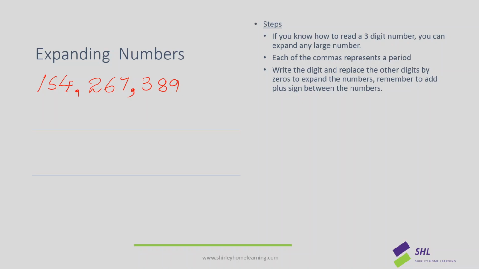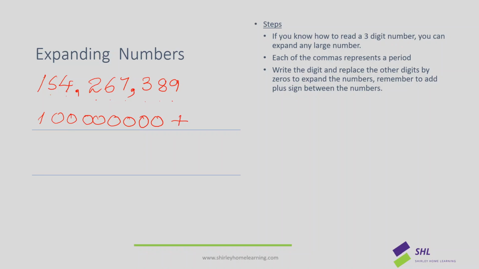In order to expand this, I'm going to look at the first digit there. It's 100 million. So I'm going to put 1 and then count how many digits are after that 1. 1, 2, 3, 4, 5, 6, 7, 8. So I need 8 zeros. I'm going to put a plus sign.